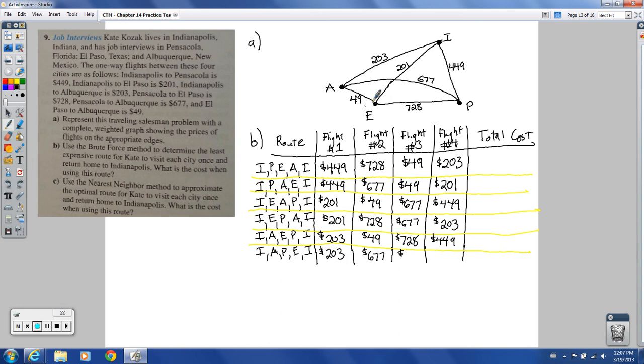Let's see. I to A to P, 677, to El Paso, 728, sorry, and then finally back to Indianapolis from El Paso would be 201.